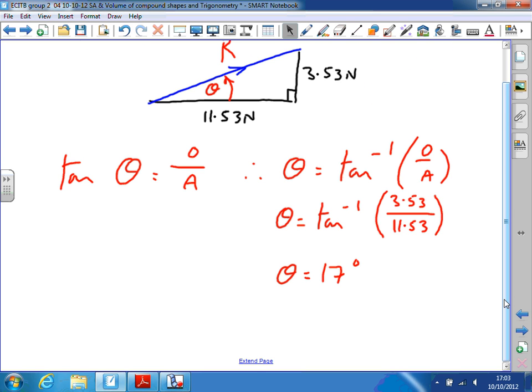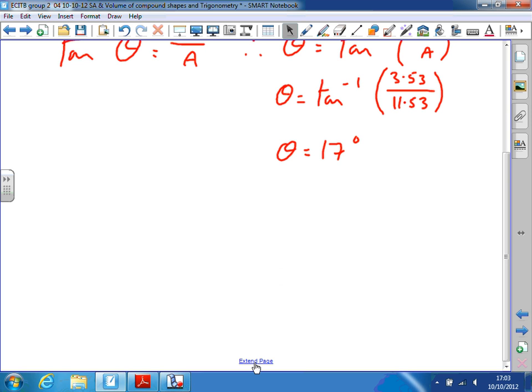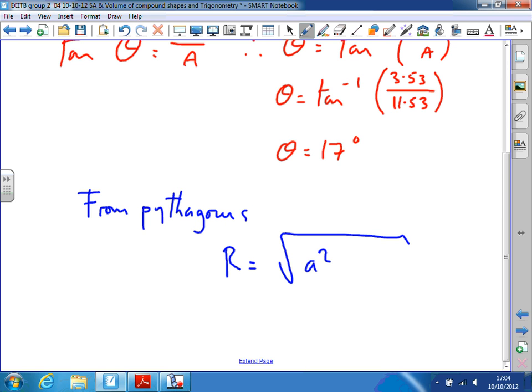So from Pythagoras, R equals the square root of a squared plus b squared. That's the Pythagoras theorem.